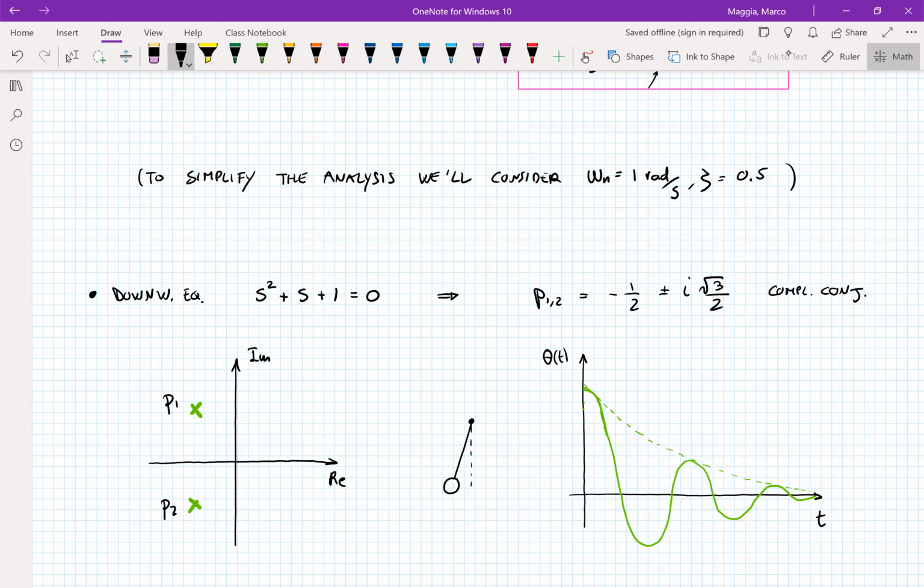Now, if we plotted the response, that is the angular position of the pendulum, just given the initial angular position different than 0, and with the angular velocity equal to 0, we would find a response that looks like this. So it's an exponentially decaying harmonic function. So we have a harmonic function whose amplitude decays exponentially.